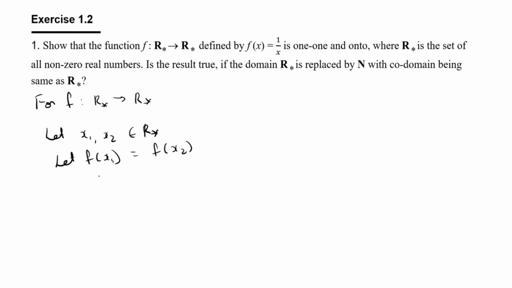So if f of x1 equals f of x2, then we have 1 by x1 is equal to 1 by x2, since it is given f of x is equal to 1 by x. This implies x1 is equal to x2. Therefore, f is 1 to 1.